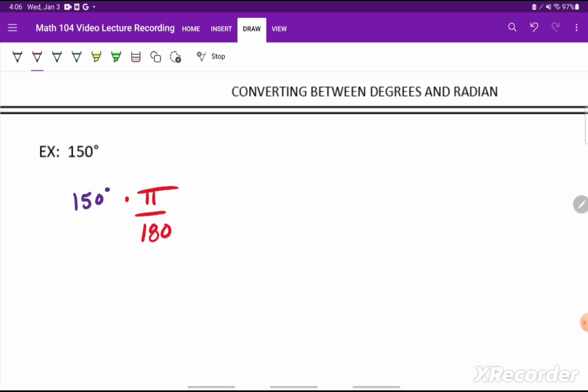And then simplify. I see that 30 goes into both 150 and 180. So 30 goes into 150 5 times. 30 goes into 180 6 times. Multiplying straight across, we're going to get 5 pi over 6.